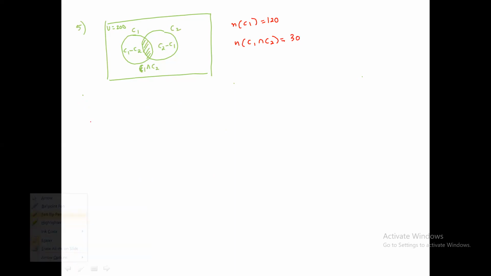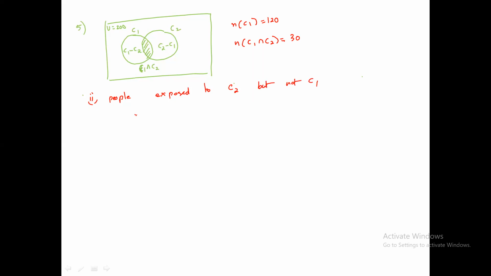Okay. What is the second one? People exposed to C2 but not C1. That means you have to find C2 but not C1, C2 minus C1. So how will I do? How will I get n of C2 minus C1? Take n of C2.